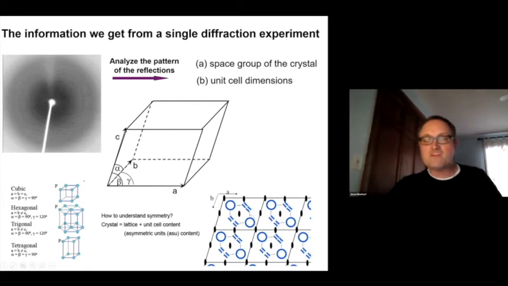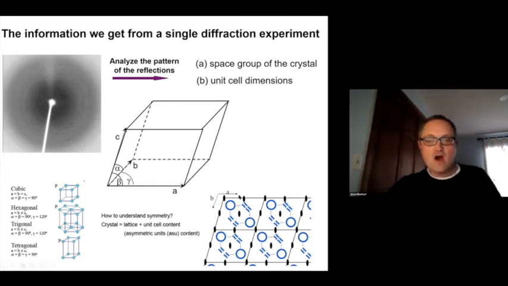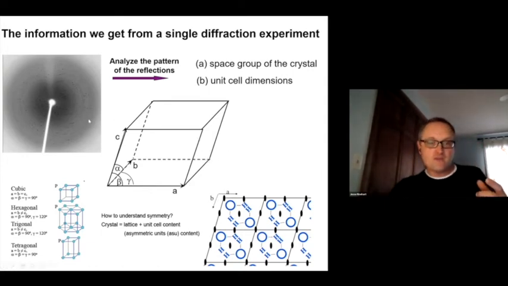Imagine that's true for a protein, right? Every single protein molecule is lined up in the same way relative to each other. All you have to do is figure out in what way they're organized in the crystal, the lattice, and you want to understand the dimensions, these unit cell dimensions. You can derive that information from the diffraction pattern.